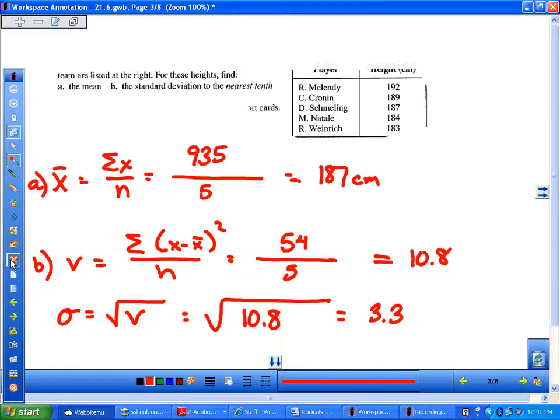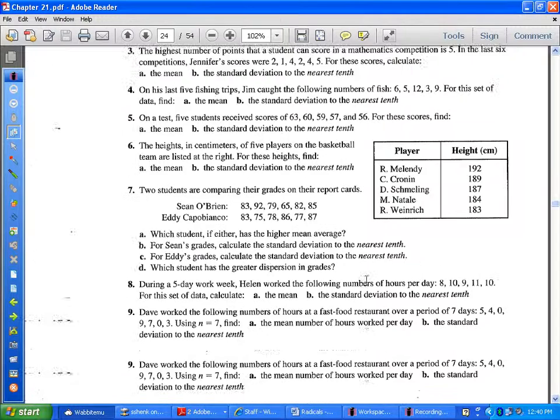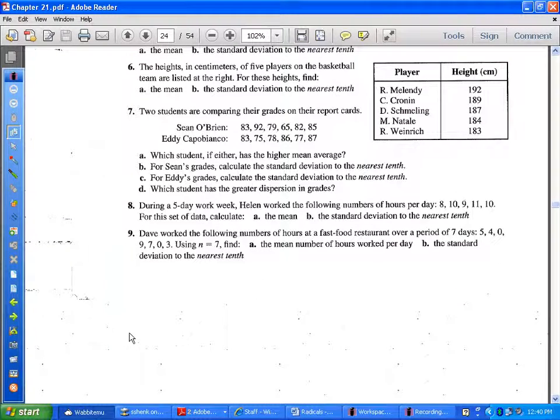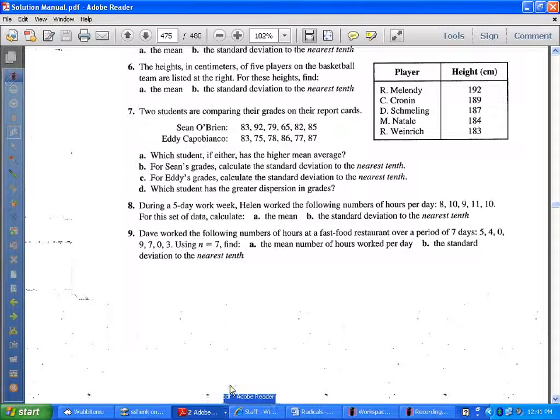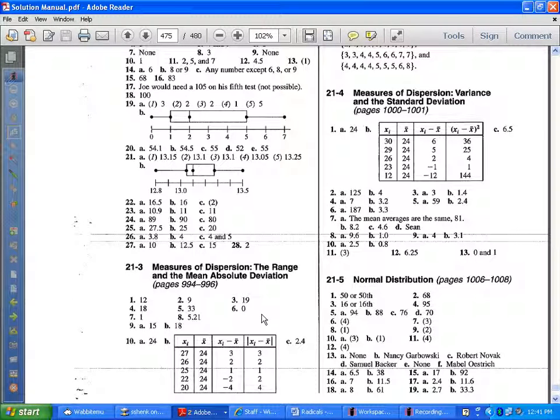What's that? Number 9? Okay, so did you get your average correct? Number 9 had an average of 4, so your average is correct. Okay.